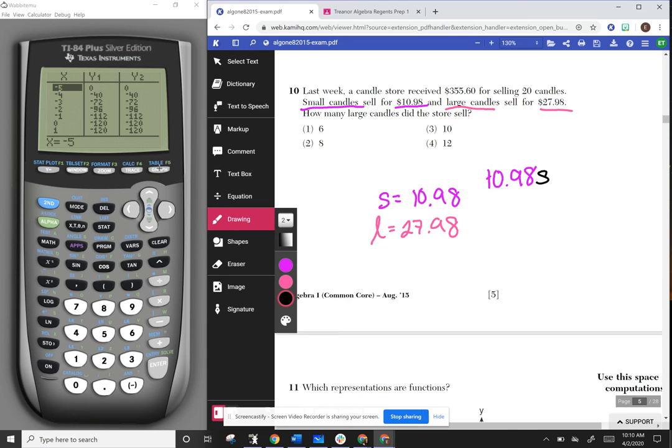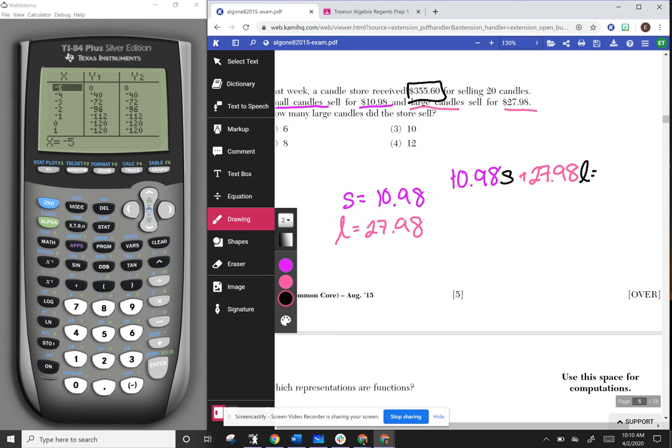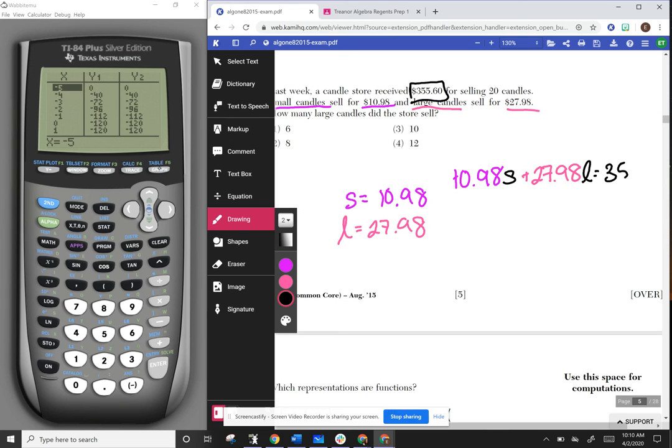So 10.98S plus 27.98L for large. And it says that they sold $355.60 worth. So this is going to be equal to $355.60, right? But that's only talking about the money they received.